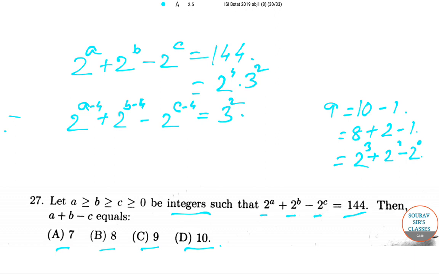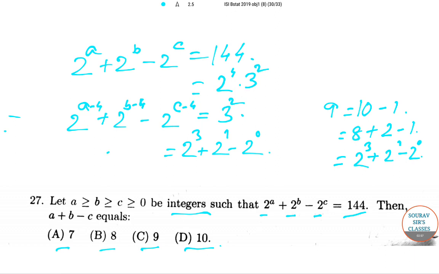So here we get 2^(A−4) plus 2^(B−4) minus 2^(C−4) equal to 2 cube plus 2 to the power 1 minus 2 to the power 0.